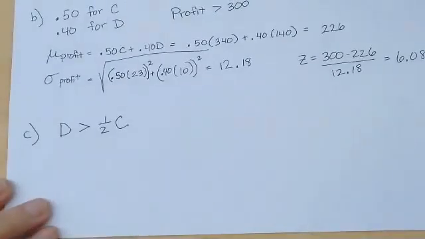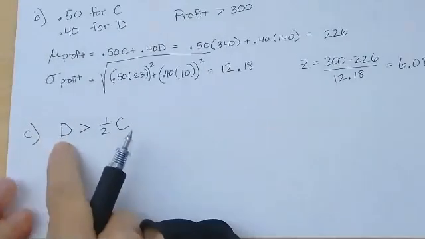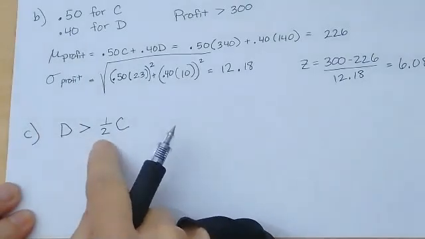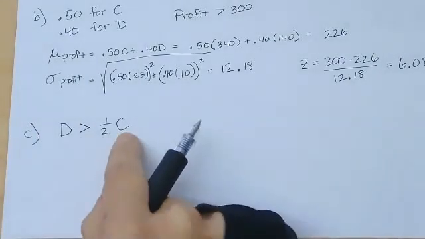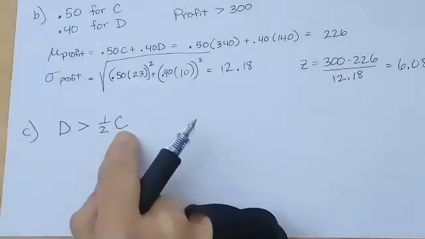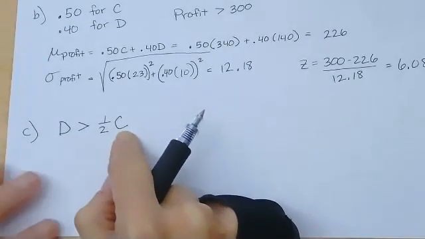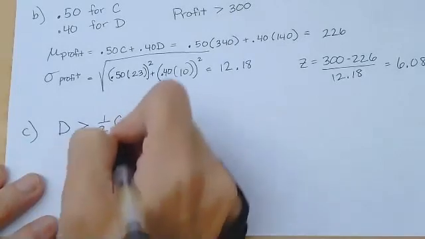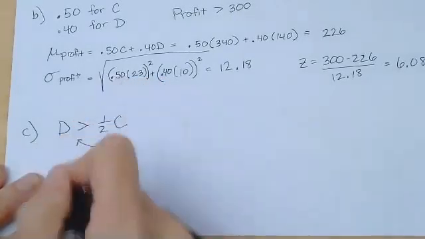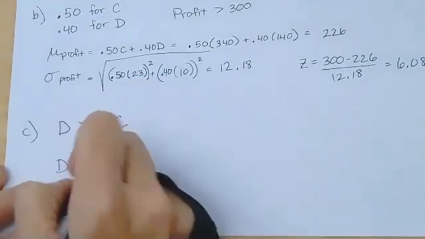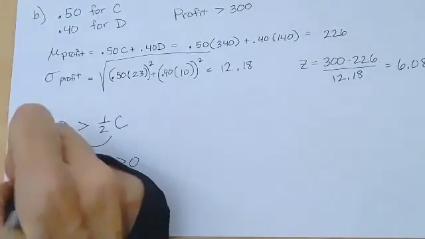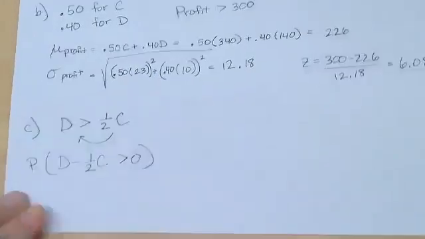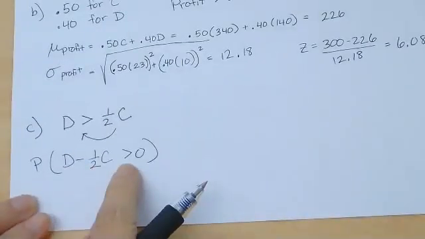So it says, what's the probability that he'll sell a donut to more than half of the coffee customers? Okay, so I could bring this over here, and this is the same as that. So I could really find the probability of this being greater than 0.